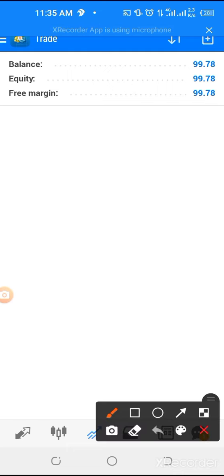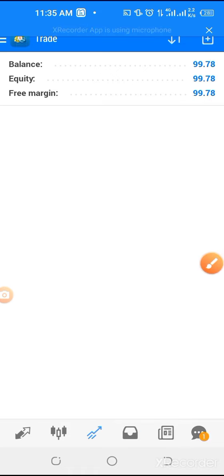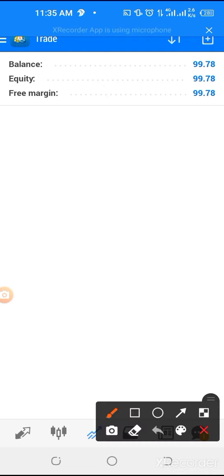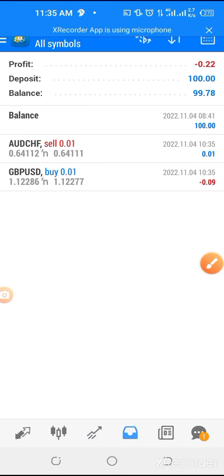Now, with these trades closed, if you notice, my balance has reduced from 100 to 99.78. So where are these trades? Is it a profit or a loss? It is in the next icon that we are going to find that. This very icon here is what will tell us whether the trade is a profit or a loss. So let's click on it.